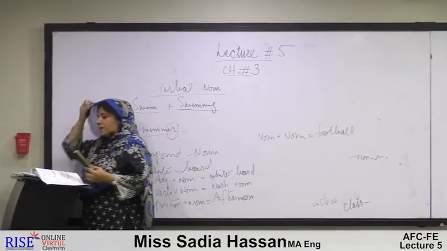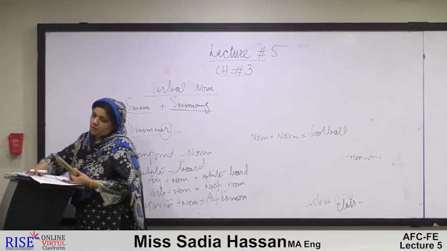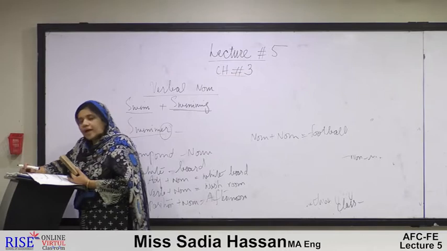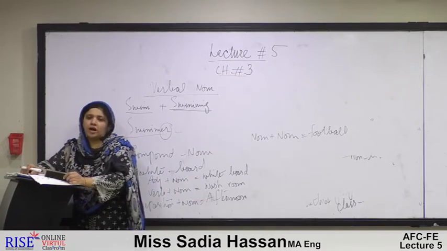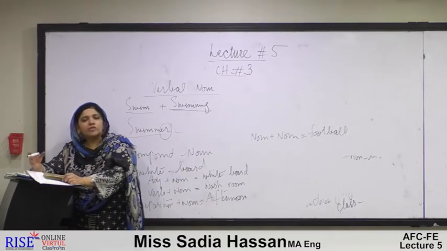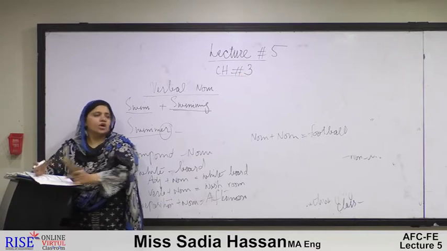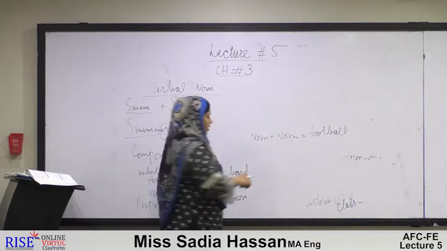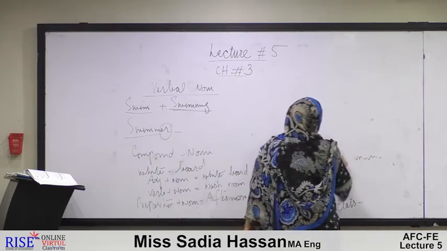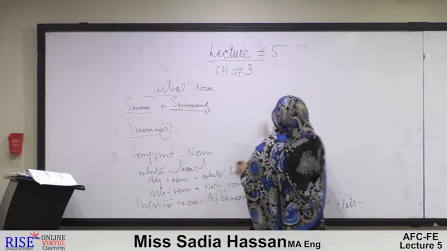Then comes the gender of noun. As there are a variety of different kinds of nouns, sometimes we have to specify different nouns on the basis of gender as well. There are actually 4 genders in the grammar.